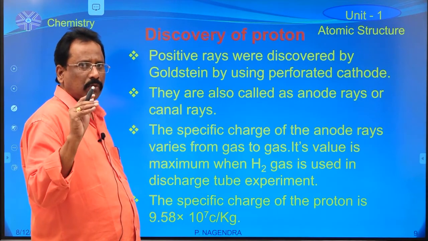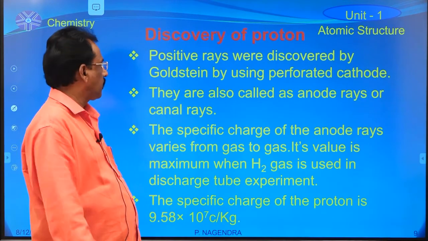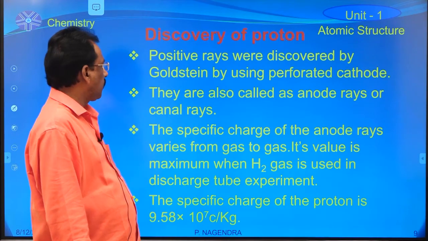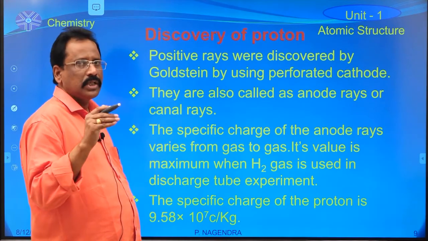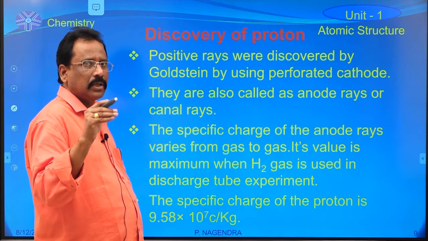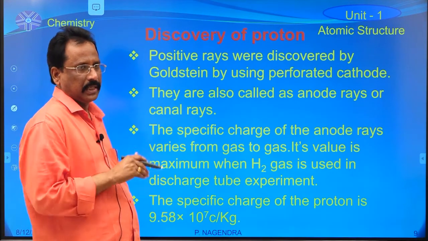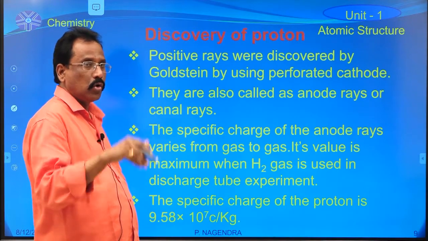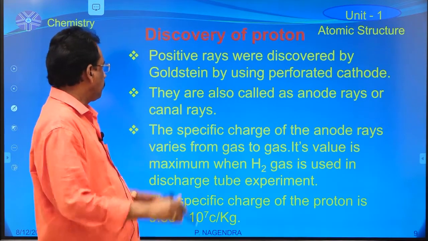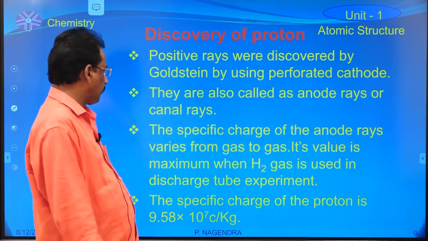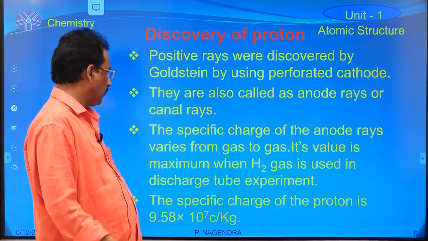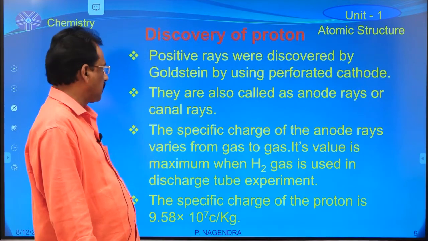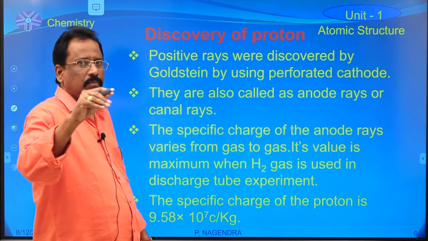The name proton was suggested by Rutherford, and it was discovered by Goldstein by using perforated cathode in discharge tube experiment. In the same experiment, cathode is having holes. When hydrogen gas is subjected to electrical discharge at very low pressure and high voltage, positive rays were produced.